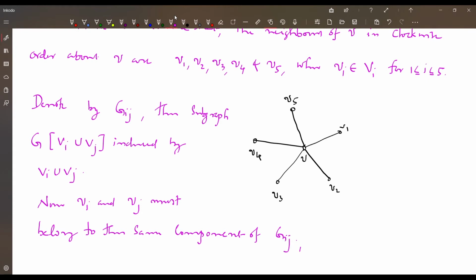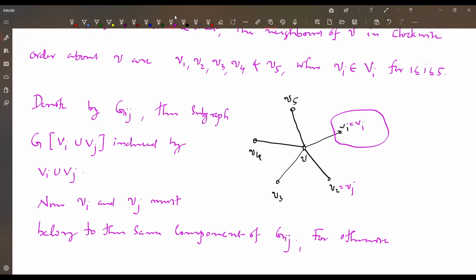For otherwise, suppose that this is Vi and that the component of Gij which contains Vi does not contain Vj. Suppose that this is Vj and this is Vi.